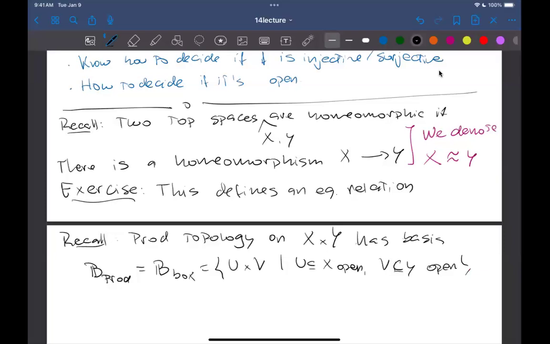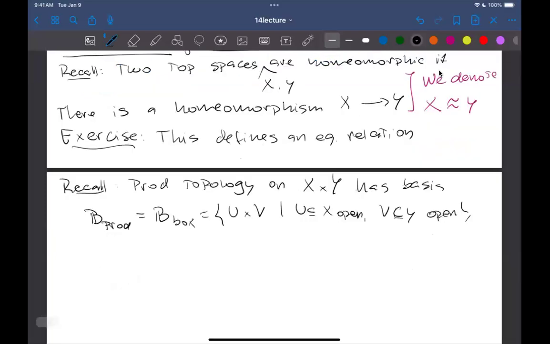But something very important, and this we discussed before, is the following exercise.